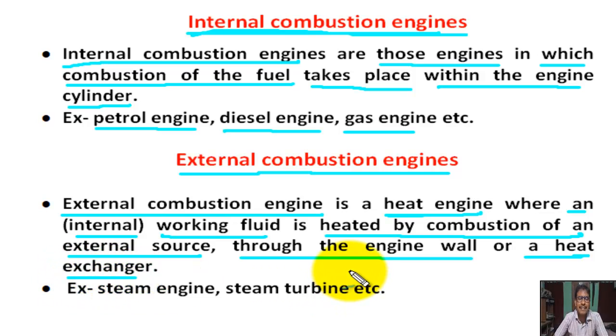Heat is transferred through the engine wall or a heat exchanger. In case of an external combustion engine, the conversion of the fuel takes place outside the engine. Now, examples of external combustion engine: steam engine, steam turbine, etc. Okay.